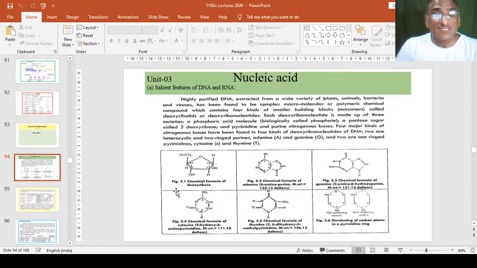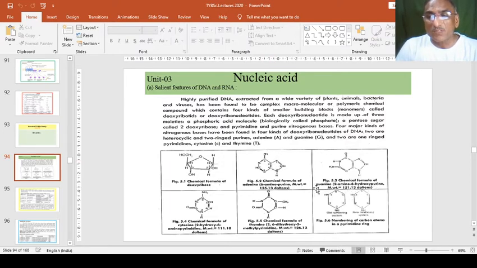So this is the chemical structure of the bases, and this is the chemical formula of deoxyribose. A single ring is there. The chemical formula of adenine, which we generally call 6-aminopurine, has a molecular weight of 135.13 daltons and 2 rings, one hexagonal ring and a second pentagonal ring.